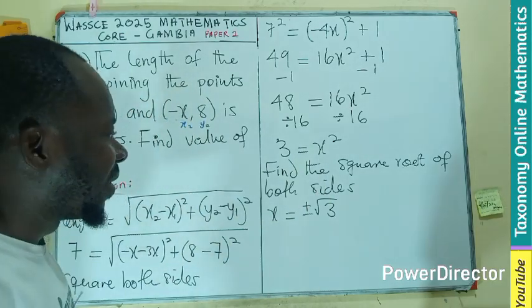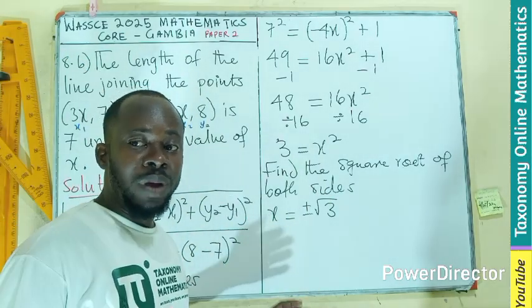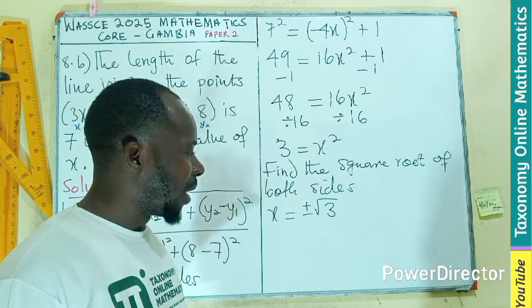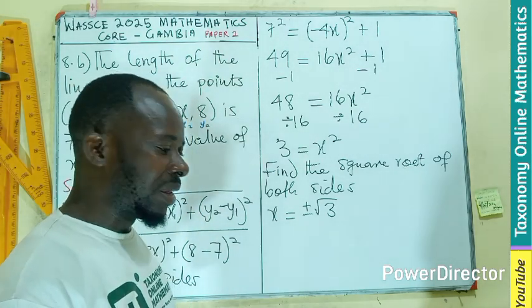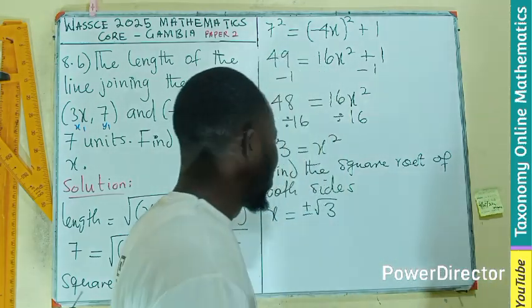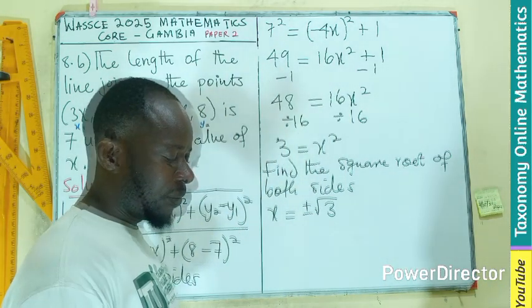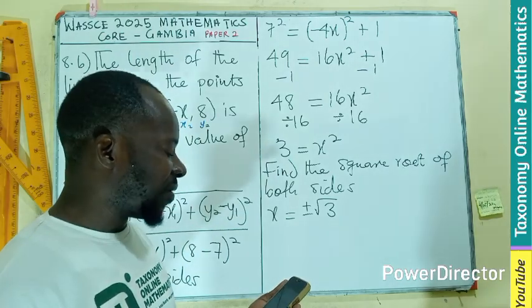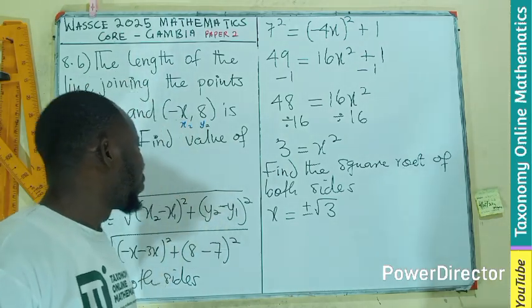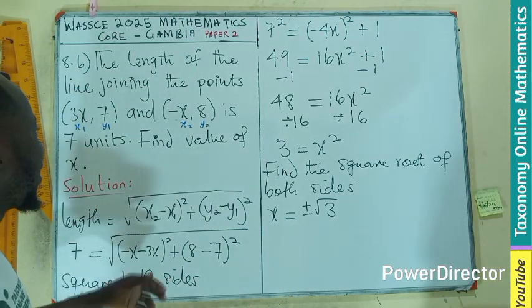I think we can leave it as simple as this, or we can also convert it into decimal. Let's cross check on the calculator. That will be 1.73. But we are just to find the value of x.